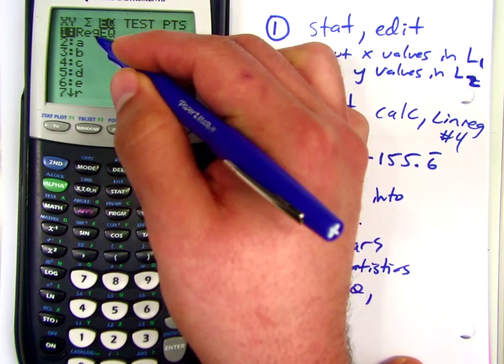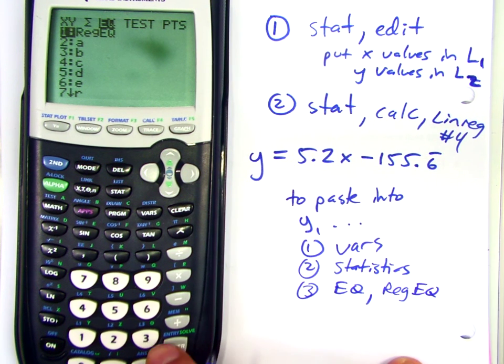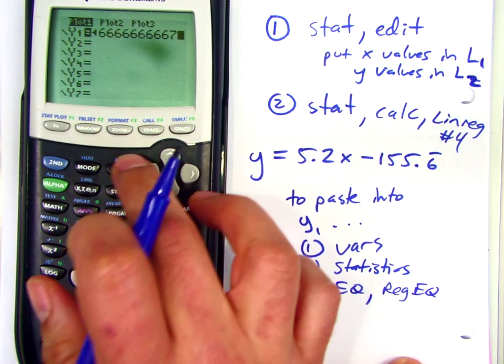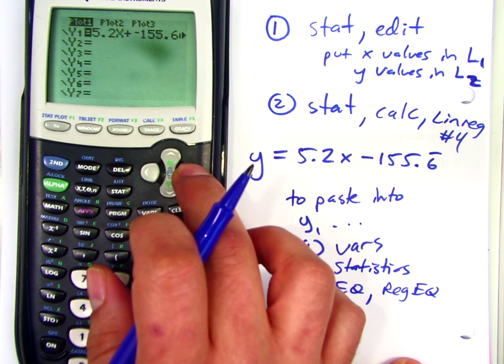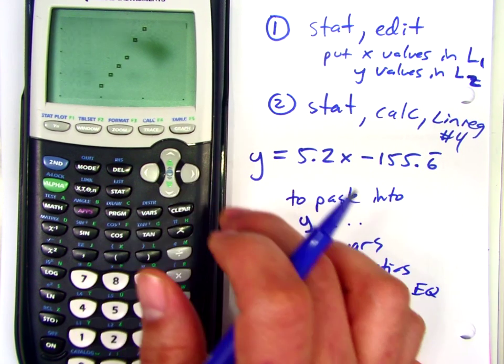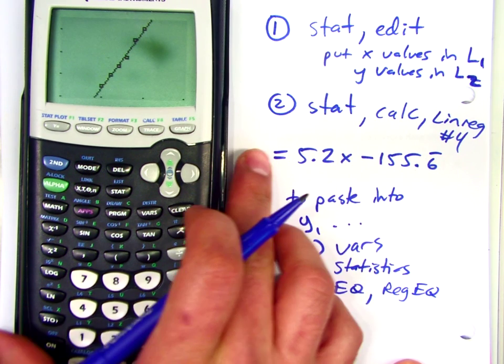In the equation menu, you see this regression equation option. Hit enter. It should paste it automatically in there for you. Yeah, boom, got it. Now if you hit graph, not only will you see your points, but it graphs the line of best fit, and it sure does look pretty good.